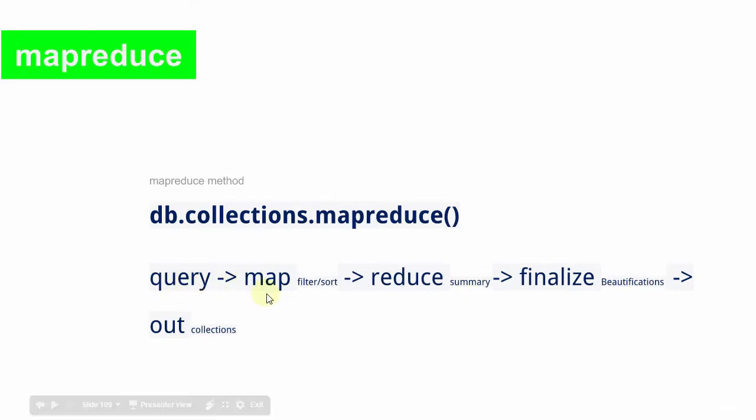The second step is to map, where you'll be filtering or sorting the records. The third step is to reduce, that is to summarize the result which we got from map. The fourth step is to finalize, that is for beautification. This is an optional field. Initially we won't be using it. And the final one is the out, where we'll be saving the output to a collection or to a file. This is also an optional field.